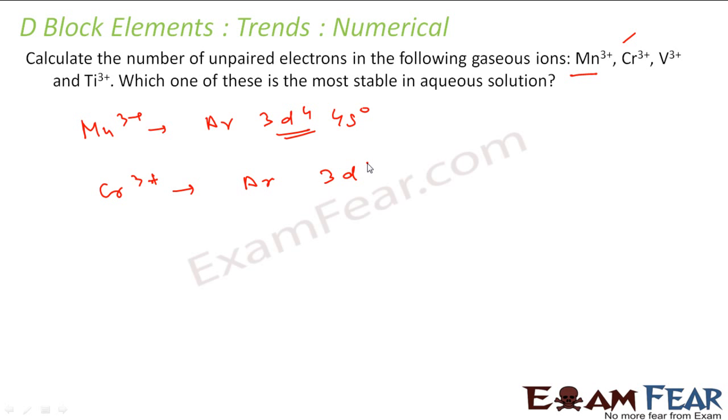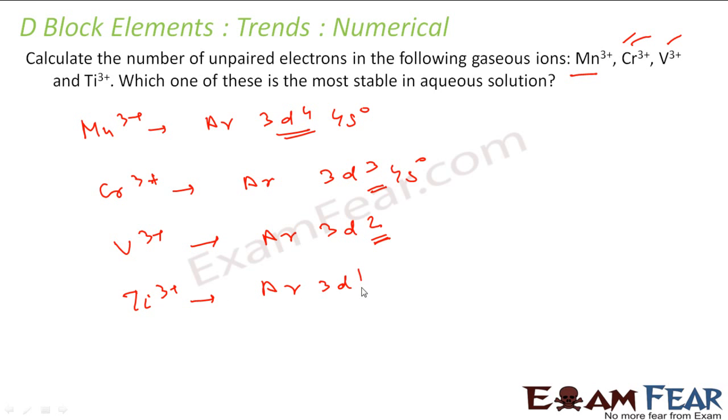Here the number of unpaired electrons is 3. Then we have vanadium 3+, electronic configuration argon 3d2. Here the number of unpaired electrons is 2. And then titanium 3+, the electronic configuration will be Ar 3d1. Here the number of unpaired electrons will be 1.